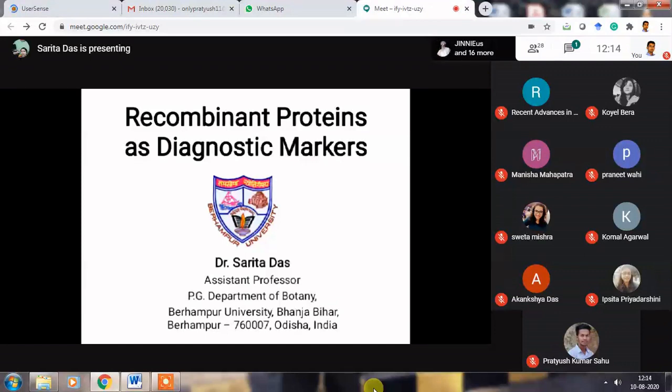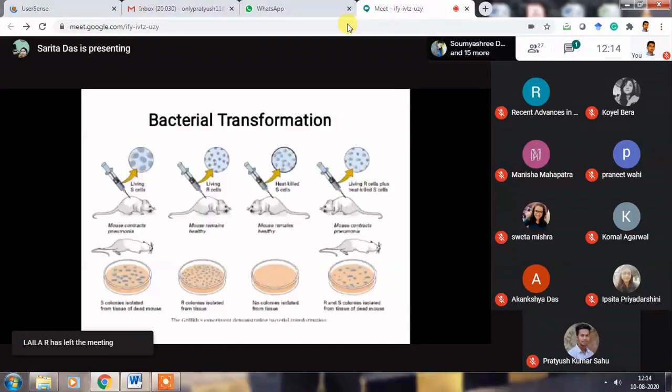So, for diagnosis, either antigen or antibody is measured, which requires a large amount of it, and biotechnology comes into play by producing a lot of it using recombinant DNA technology. So I will be focusing on these aspects in my slides.